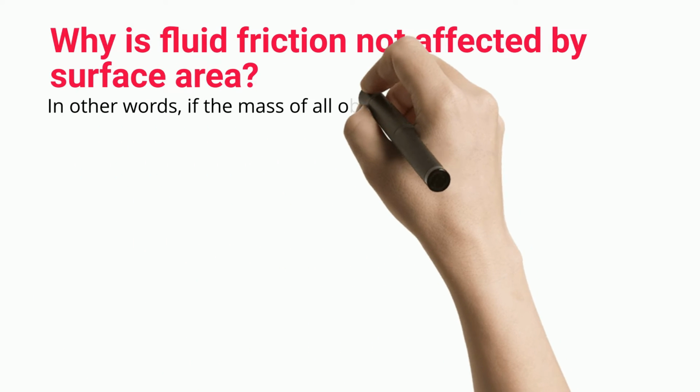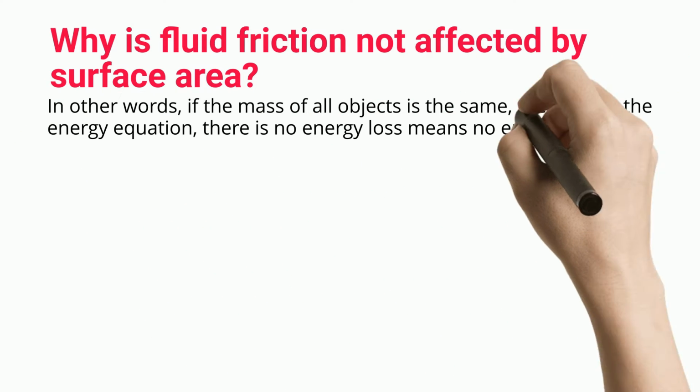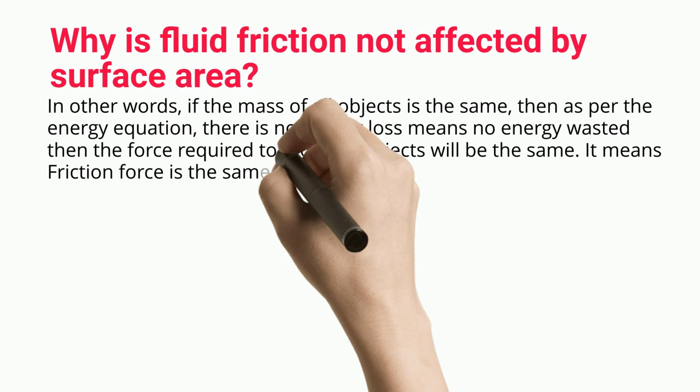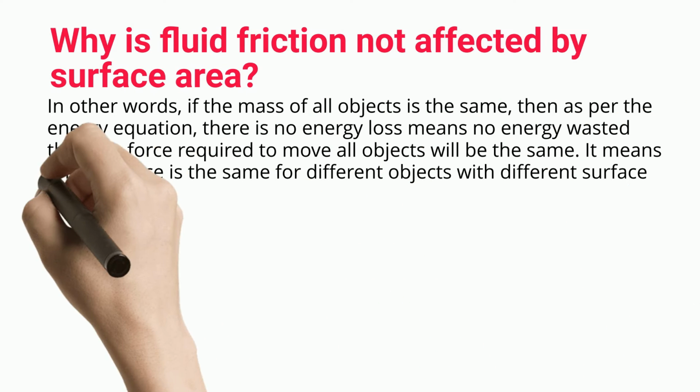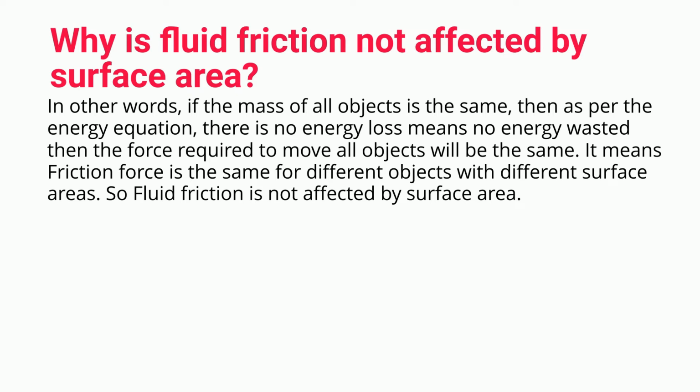In other words, if the mass of all objects is the same, then as per the energy equation, there is no energy loss, meaning no energy wasted, so the force required to move all objects will be the same. It means the friction force is the same for different objects with different surface areas. So fluid friction is not affected by surface area.